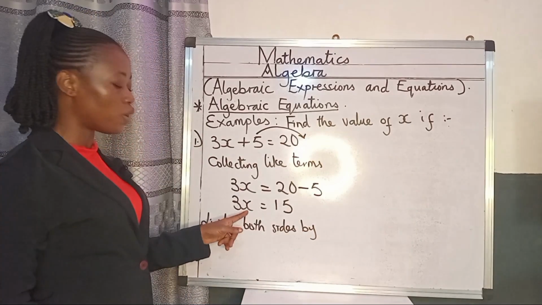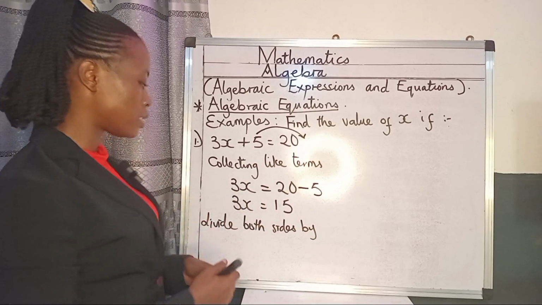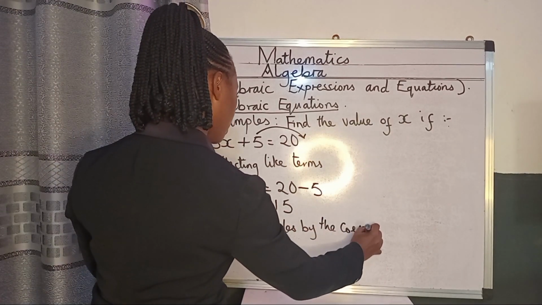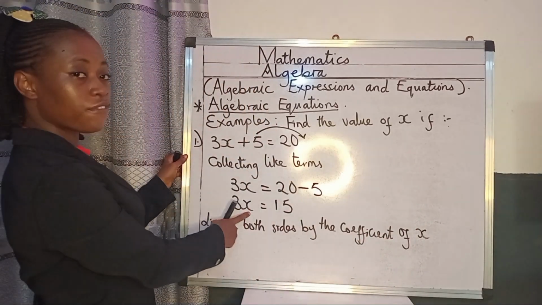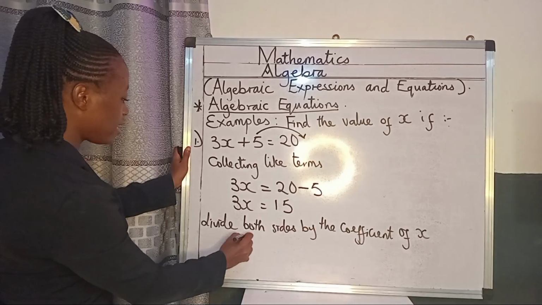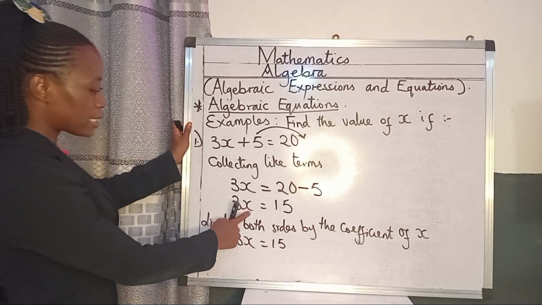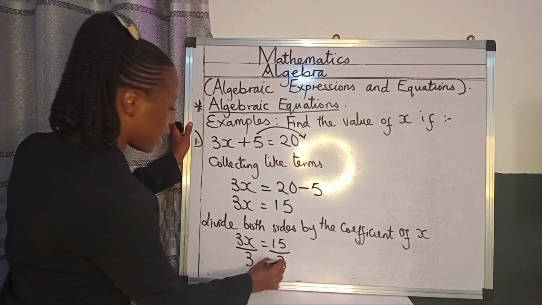Now the coefficient of x here is 3. Coefficients can be positive or negative. All right. So divide both sides by the coefficient of x. Now the coefficient of x here is what? 3. Now dividing both sides by the coefficient of x, meaning I'll divide the left hand side by 3, divide the right hand side by 3.